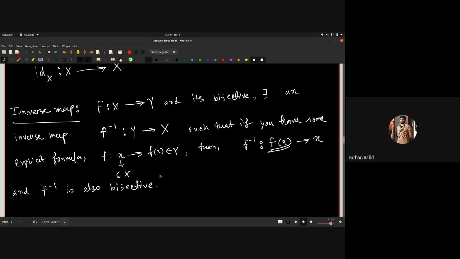Sir, what is the meaning of explicit formula? That means, the reason I'm using this term explicit formula is so that people don't get confused with functions.